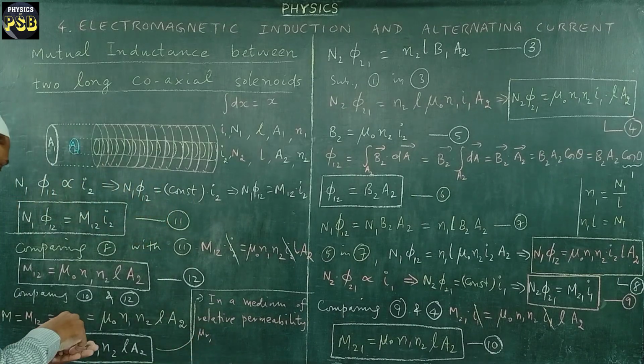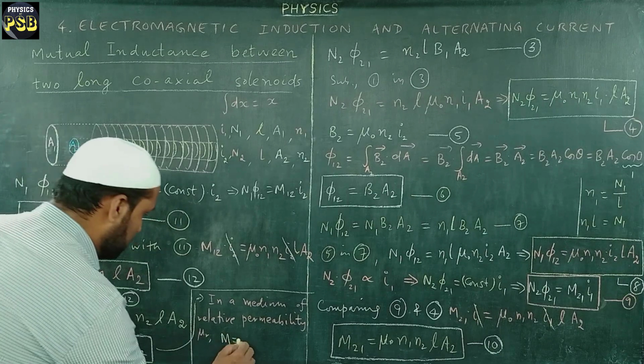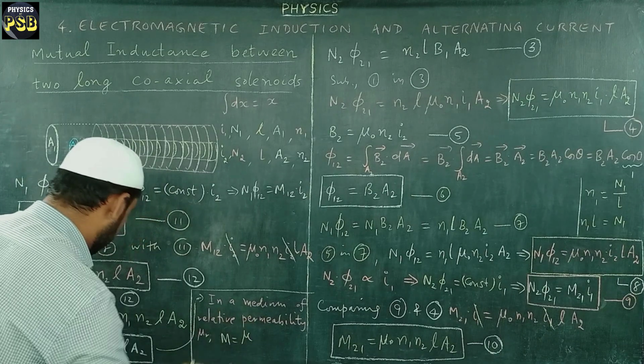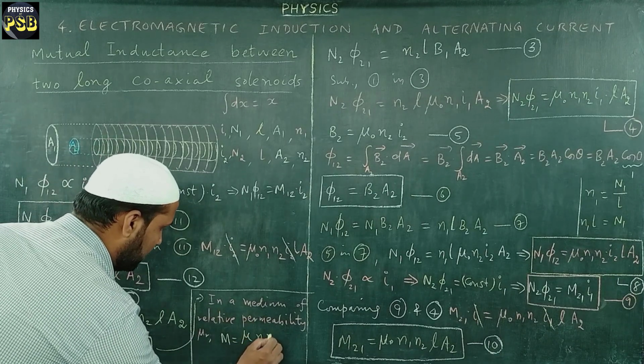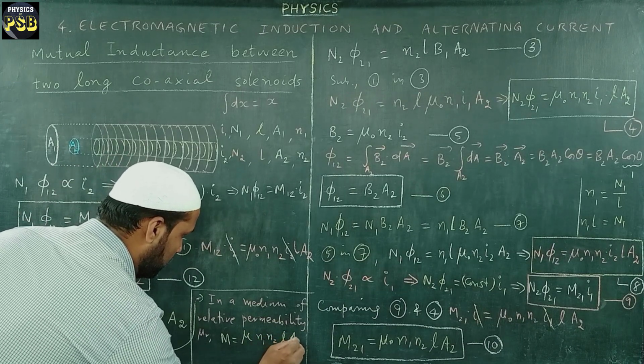This can be written as M equals mu multiplied with N1 N2 A2 upon L.